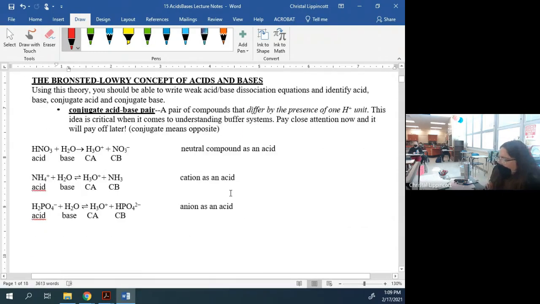Okay. So Bronsted-Lowry is going to be your concept of acids and bases that we use in here. This is what I was just explaining up above there. Down here, we talked about the cation as an acid, anion as an acid.